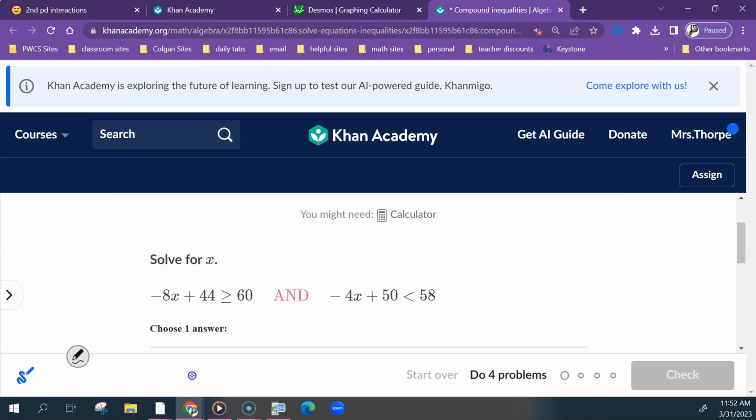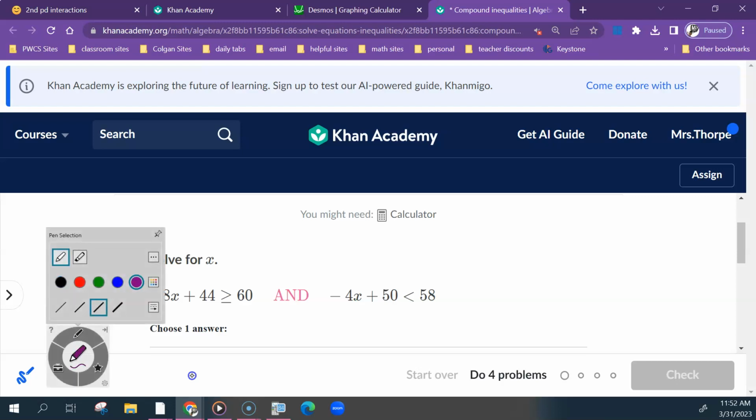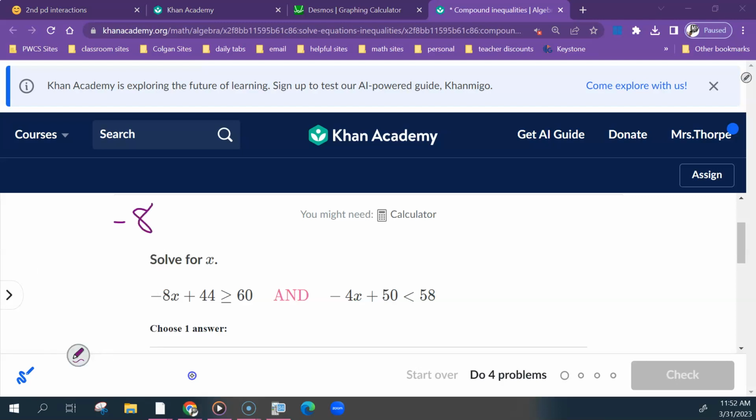Negative 8x plus 44 is greater than or equal to 60. Make sure you know it's an "and," then negative 4x plus 50 is less than 50.